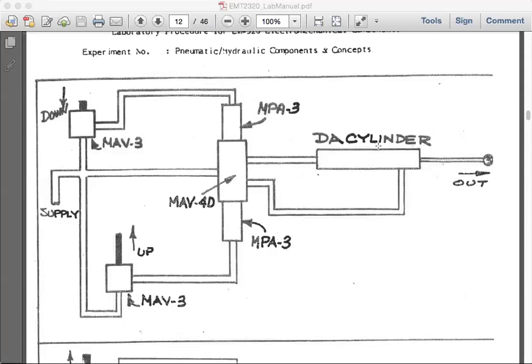So right now you have right away, but by knowing how the four-way valve MAV4D works, you have a proof that this indication that the piston is moving out right now is incorrect, because when you activate this valve, you move the stem down. When the stem is down, pressure goes through the bottom opening and fills up the front chamber, or right chamber.